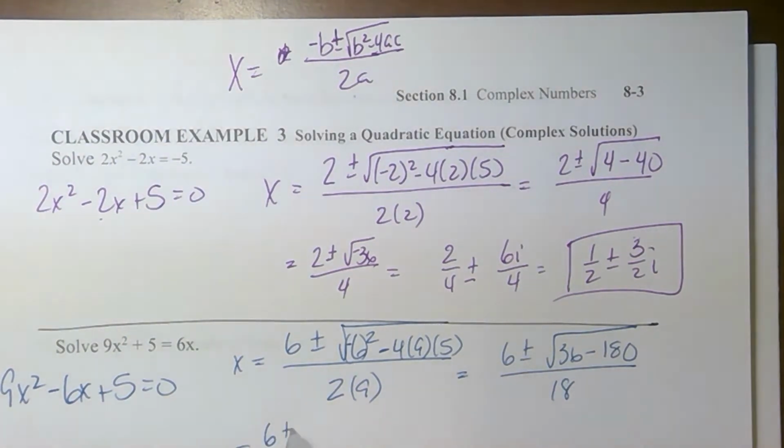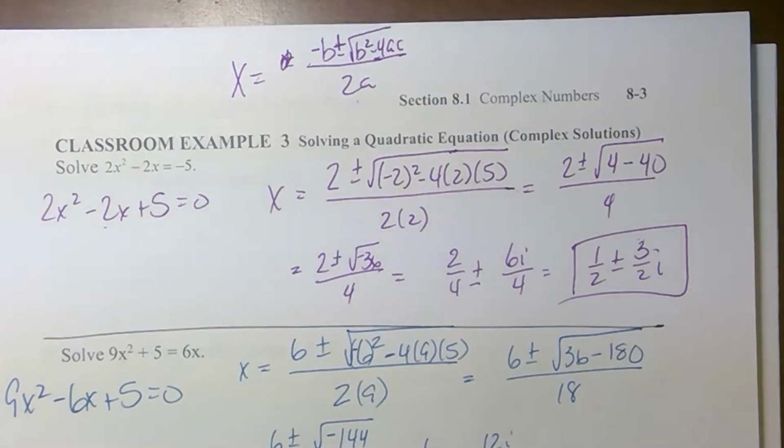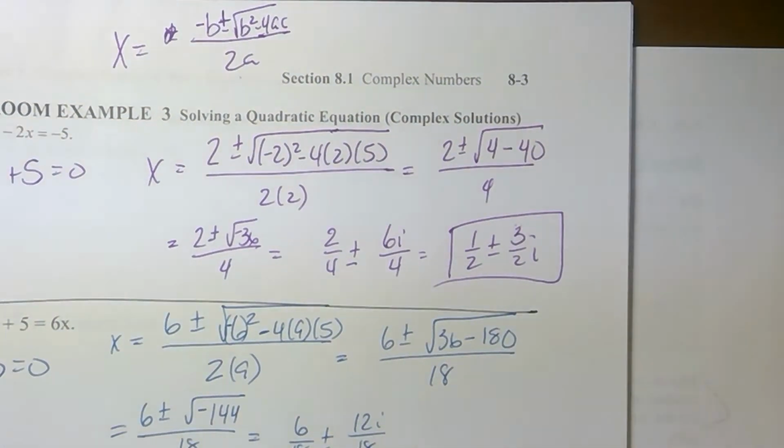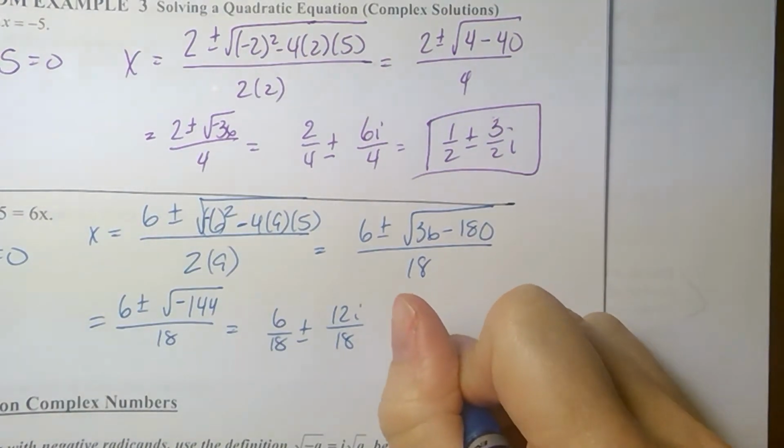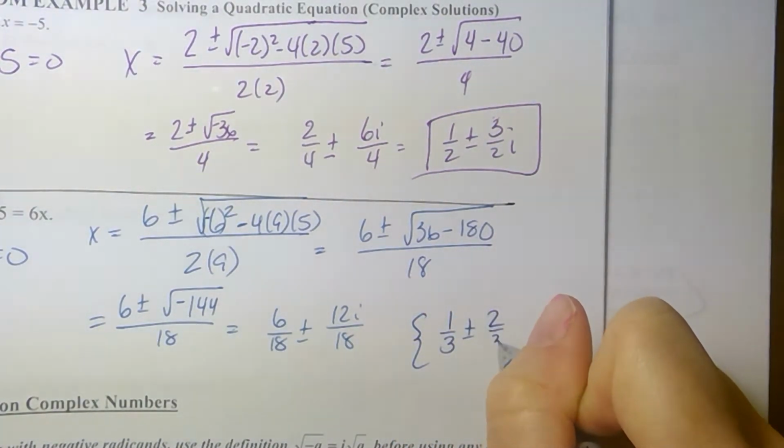That simplifies to give me 6 plus or minus the square root of a negative 144 over 18. And when I simplify that further, the square root of negative 144 is 12i. So my solution set, because I always simplify as much as I can, ends up being 1/3 plus or minus 2/3 i.